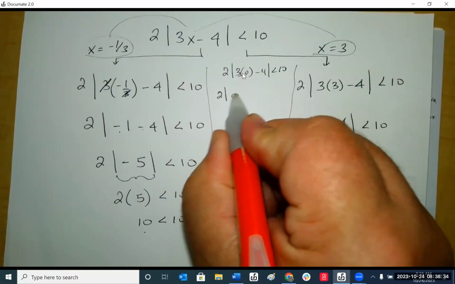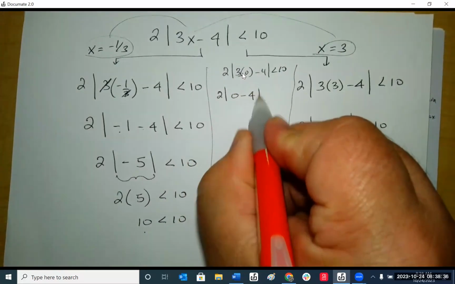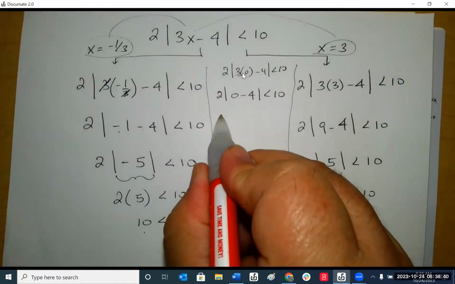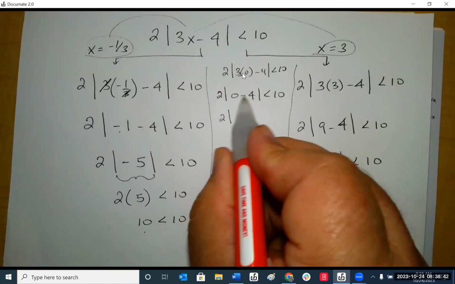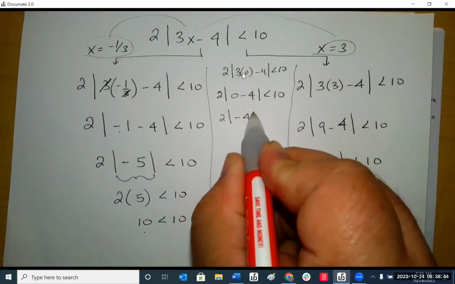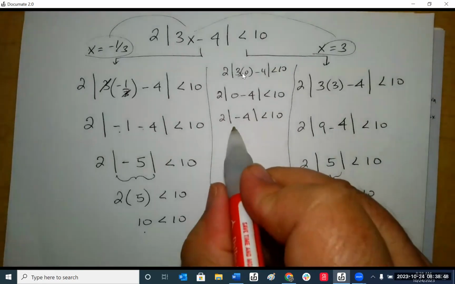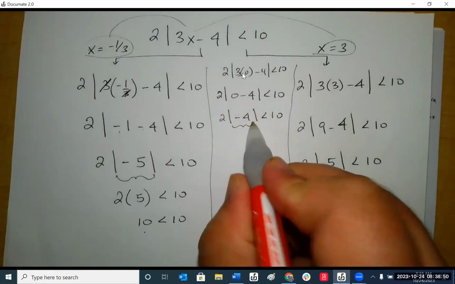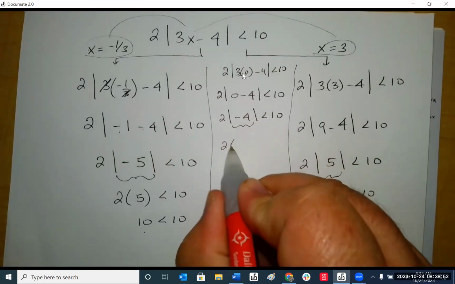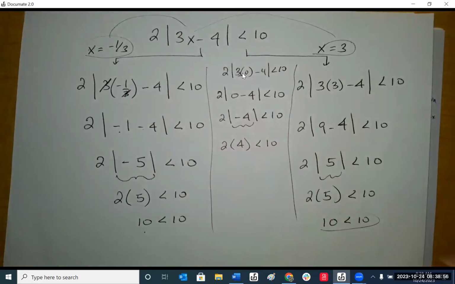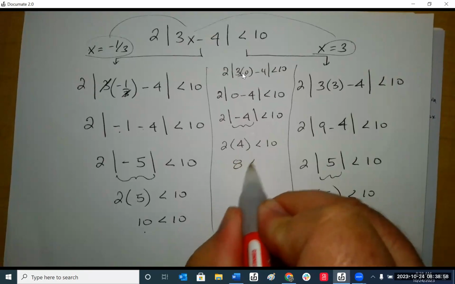3 times 0 is 0, minus 4 is less than 10. 0 minus 4 is minus 4. Absolute value of negative 4 is 4, positive 4. 2 times 4 is 8.